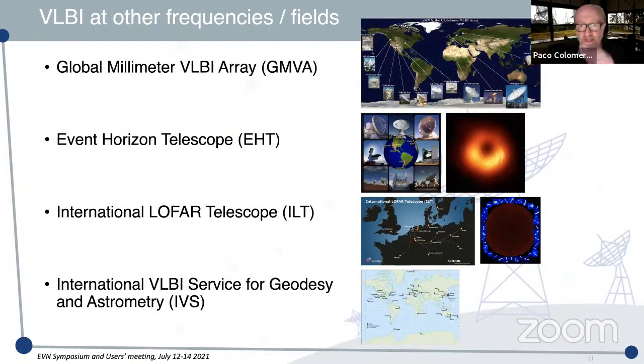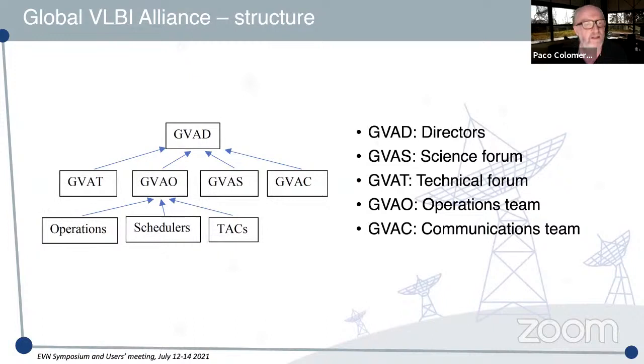In the future, we could add to this alliance other instruments that do not share frequencies. We talked about the GMVA already, the EHT, the ILT, even the geodesy network, IVS. All of them are VLBI instruments. And as we said, maybe not for joint observations, but they will be important to align these things.